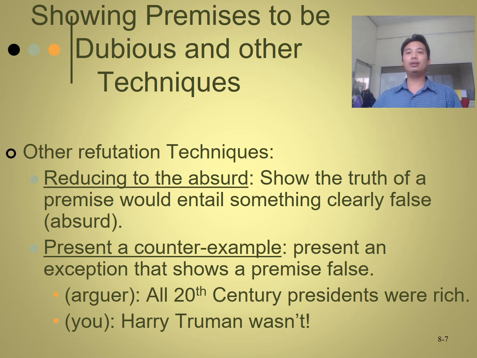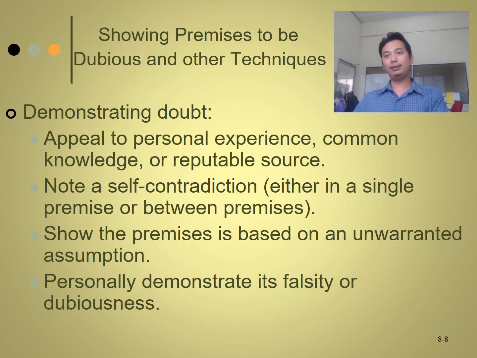Okay, so the second one is to present a counterexample. If you look at the example, all 20th century presidents were rich, then you can argue back that Harry Truman wasn't rich. So in that sense, the conclusion is not acceptable because the premise itself is not accurate. Okay. All right, let's carry on.